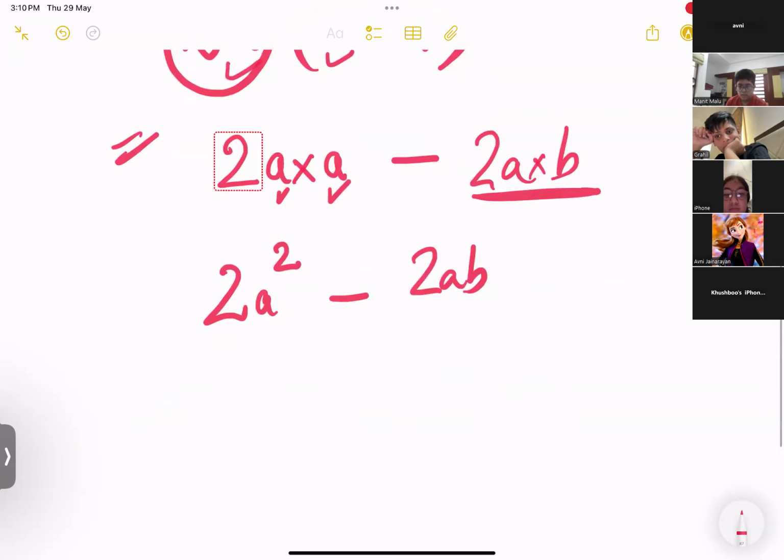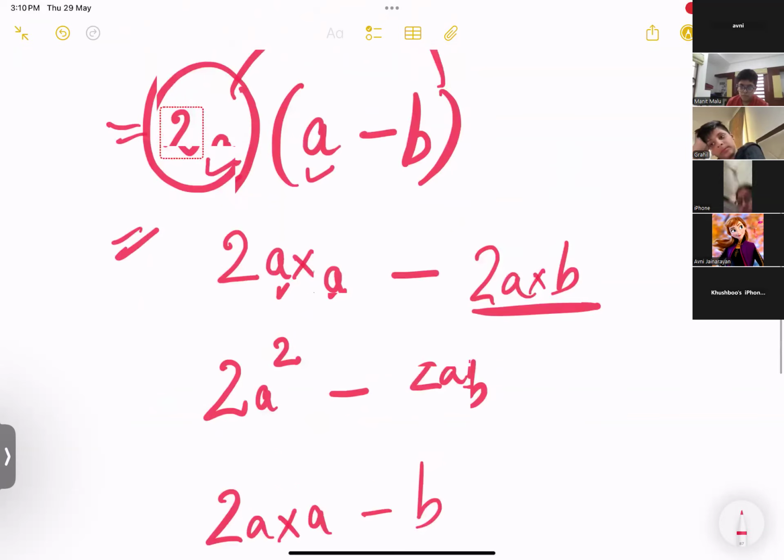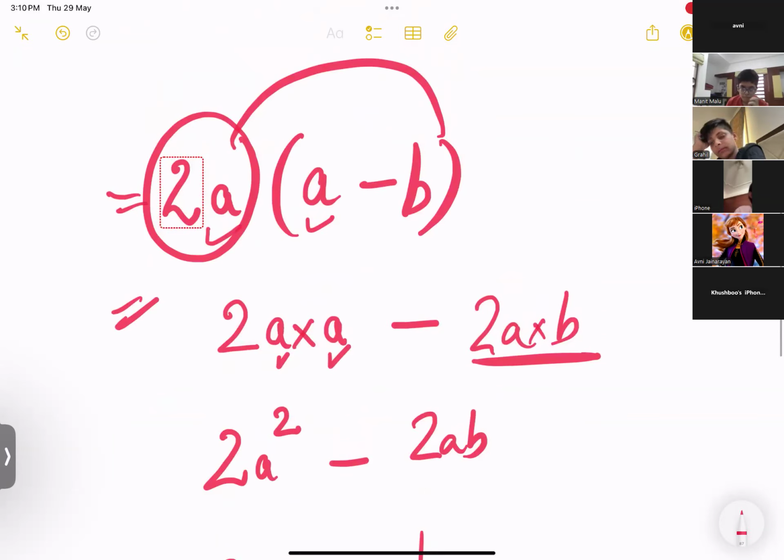So I'll tell you what mistake someone has done. 2a into a minus, firstly messed up with the symbol. A lot of times this 2a is common with both a and b. So if you are multiplying a, don't forget that you have to even multiply with the second variable.